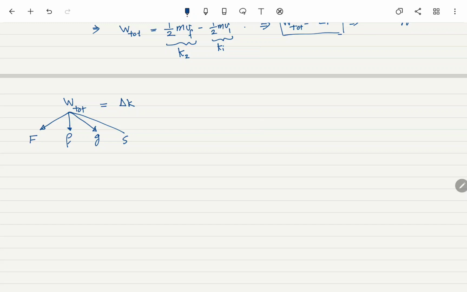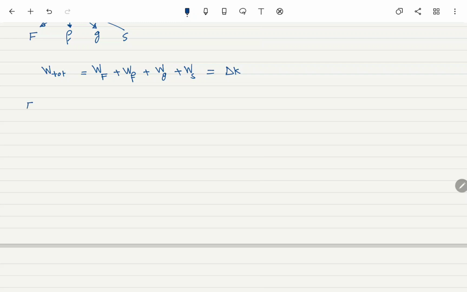In this case, work total equals work from external F plus work from frictional force plus work from gravity plus work from spring, equals delta K. That's the meaning of work total. Now we look at the system and see, do we have a spring or gravity or friction or external force? And the work done by all forces in the system equals delta K.